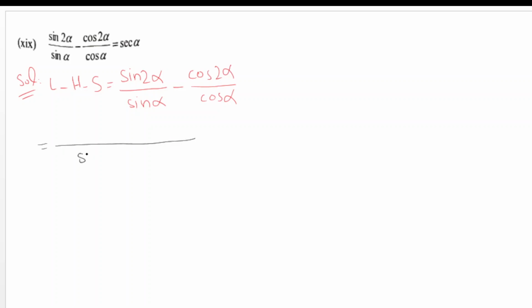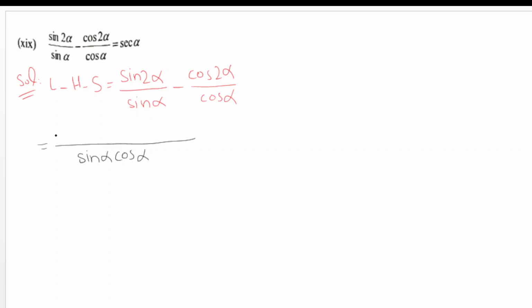We are on the 19th question. Now we are going to solve. Let me take the left hand side here, that is sine 2 alpha by sine alpha minus cos 2 alpha by cos alpha. We need to take the LCM over here: sine alpha cos alpha.